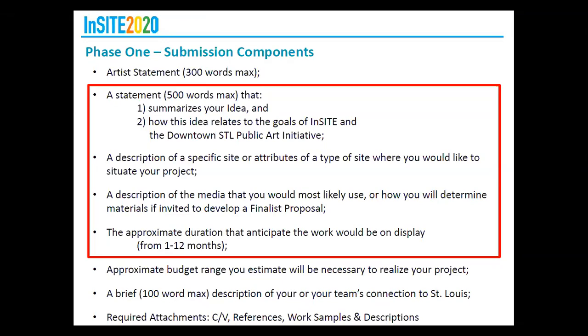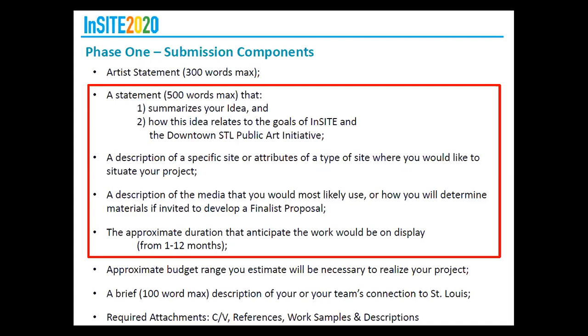So getting back to the InSITE2020 application, as Meredith probably explained, we are focused today just on phase one of the application, which is really where you as the artist are going to be proposing your idea, your concept for what you'll be proposing for installation in downtown St. Louis.